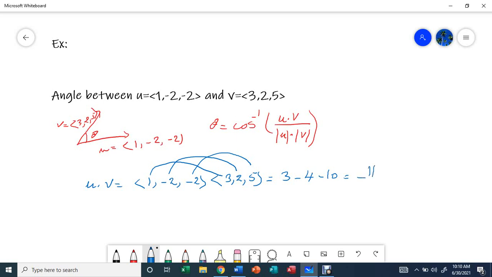Okay, let's find the magnitude of u. The magnitude of u equals the square root of 1 squared plus negative 2 squared plus negative 2 squared, so we have the square root of 1 plus 4, it's 5, plus 4 is 9, so it's the square root of 9, which is 3. Now let's find the magnitude of v.